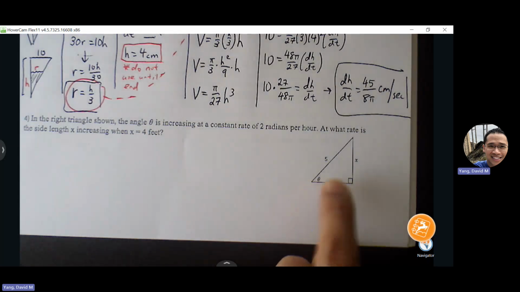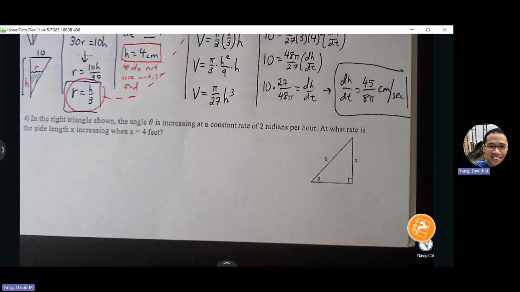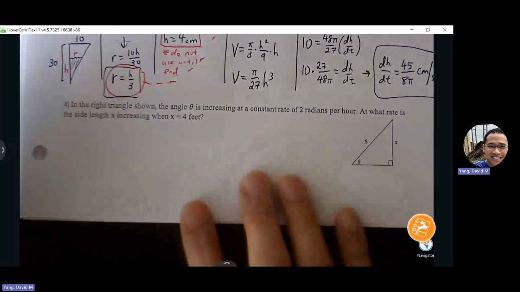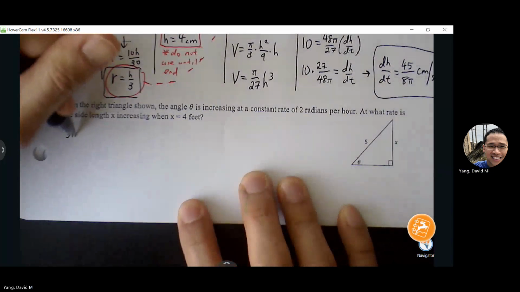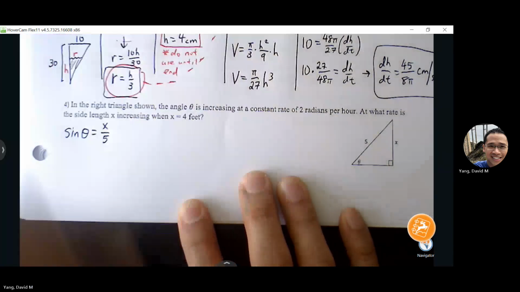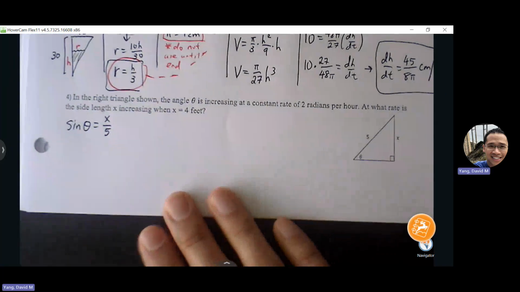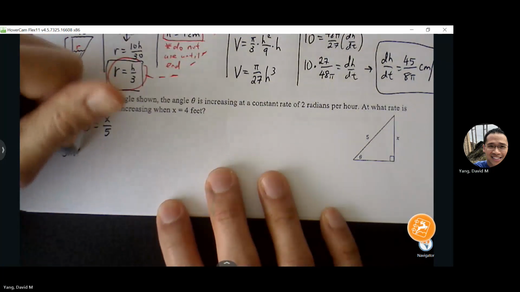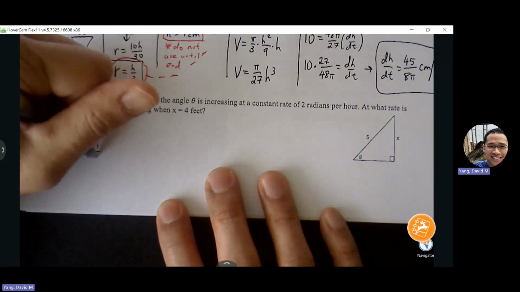Because sine of theta is equal to opposite over hypotenuse. We have all that data in front of us. There's no adjacent, so we don't want to use tangent or cosine. So that's our equation that we're going to build our derivative from. If it helps, you can write that as 1/5 x.